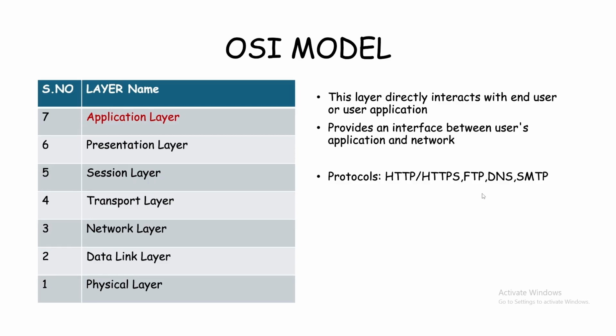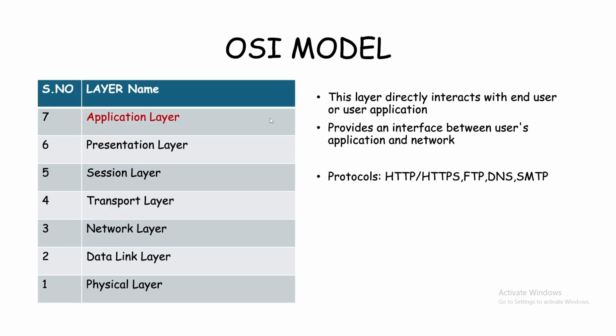The main function of the application layer involves identifying the communication partners, and it also synchronizes and establishes the communication between the other systems. Let me explain with an example. When you type www.google.com in your browser, the application layer will send the web request through the HTTP protocol.